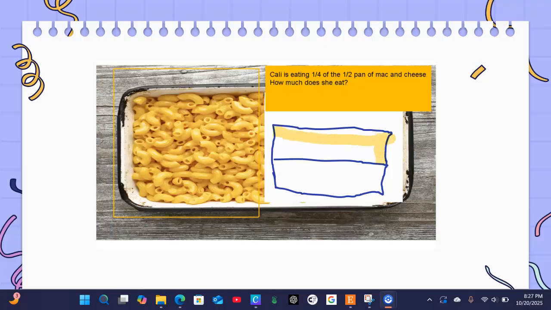I want to show you all something as well. You can use this strategy that I'm getting ready to show you in the classroom or at home. So there's my mac and cheese, right? Now it says Callie is eating 1/4 of that. So I'm going to partition this into fourths.